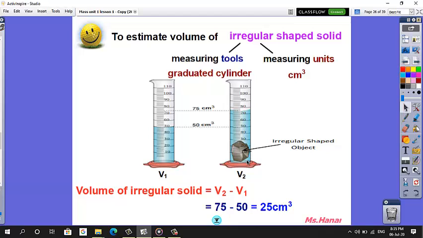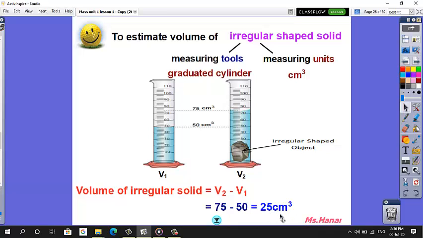Because the stone takes space in the cylinder, the volume of the stone equals the difference between two volumes. So the volume of stone equals V2 minus V1: 75 minus 50 equals 25 cubic centimeter.